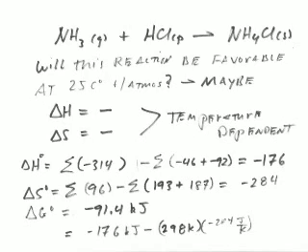Consider a reaction like reacting ammonia gas with hydrogen chloride gas to give you ammonium chloride solid. Should this reaction be favorable at 25 degrees and 1 atmosphere pressure? And the answer, of course, is maybe. You'd expect the delta H of this reaction to be exothermic. Changing small things into large things always involves bonding, and bonding is always an exothermic process.